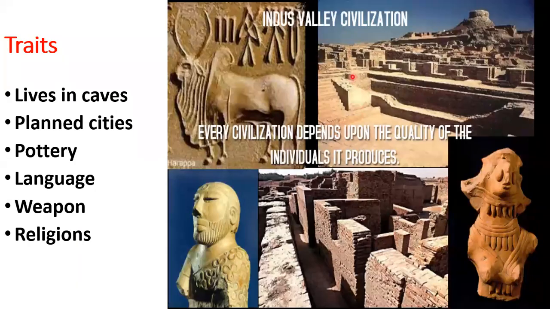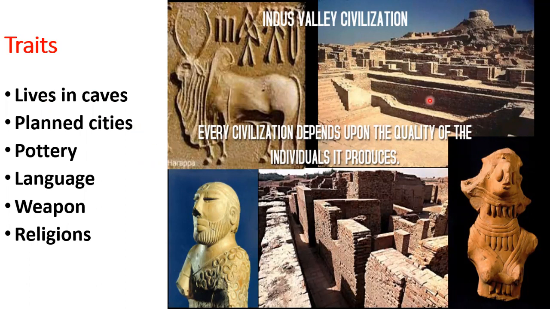Next, what were the qualities of these people? Now let's see how they were. In the start their lives were in the caves, but these people didn't stop learning and they developed into little villages and planned cities.